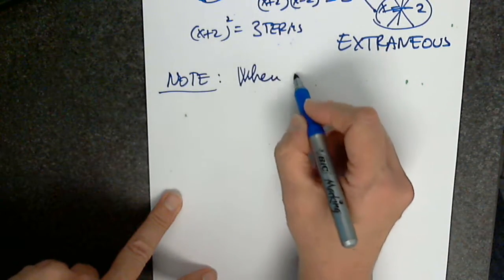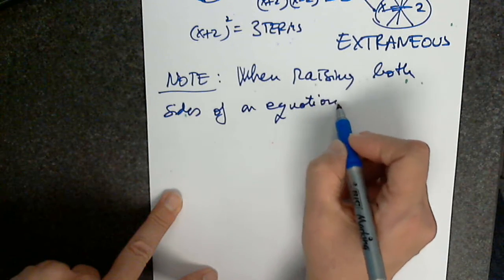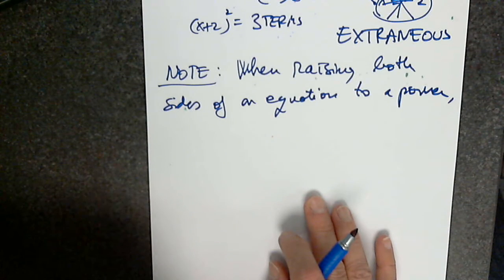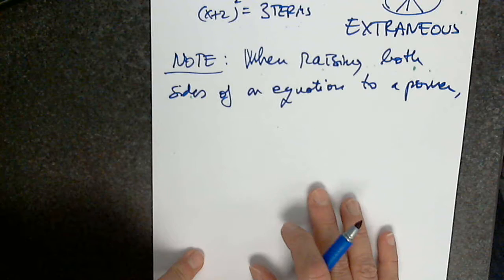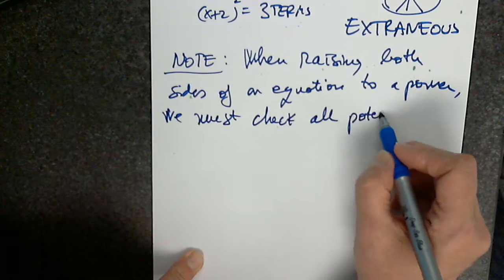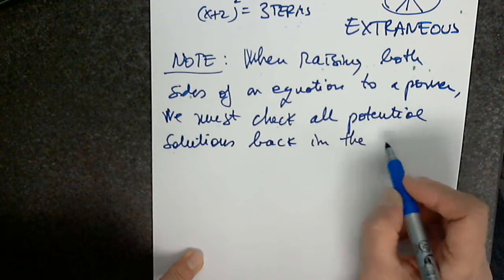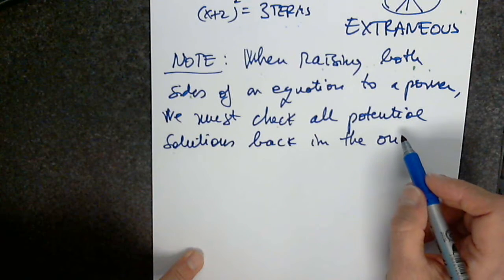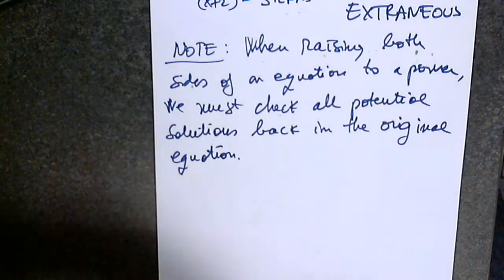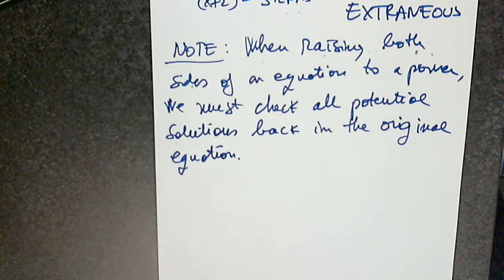When raising both sides of an equation to a power, one more time, when raising both sides of an equation to a power, we must check all potential solutions back in the original equation.